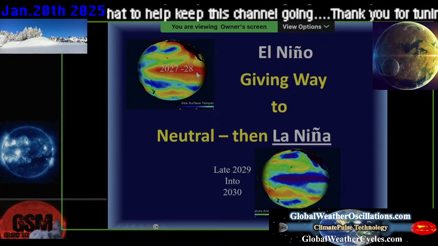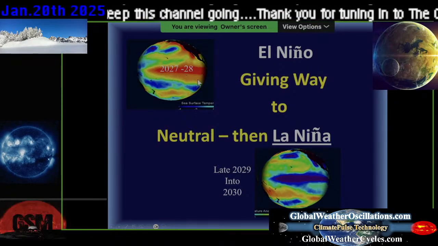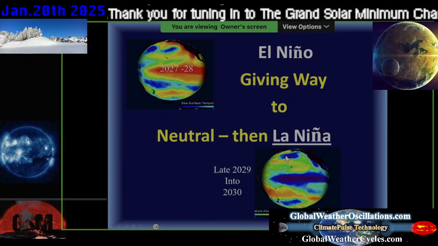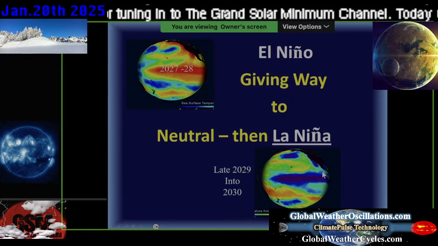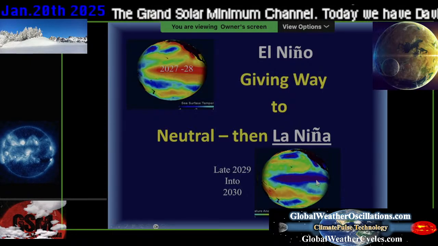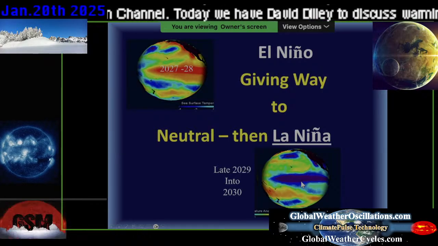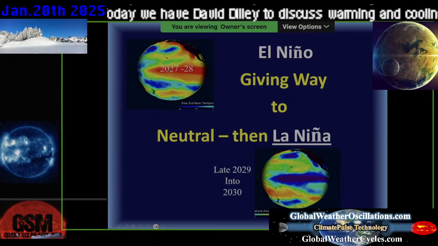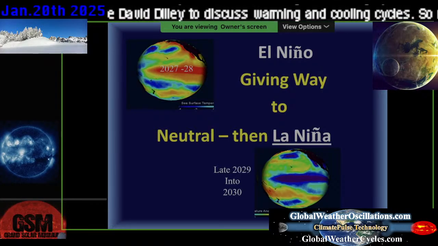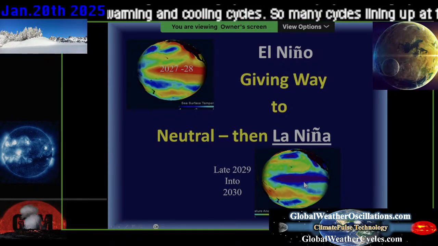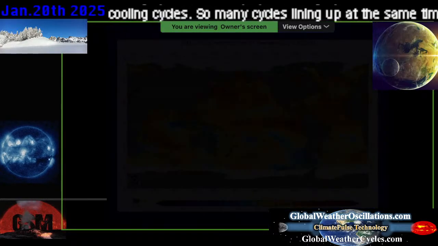But this is going to be followed by what we call a La Nina. That's the opposite, where the equatorial water temperatures get very cold. This is going to happen in 2029 and 2030. We're going to have a very strong La Nina. So we're going to see a big change in the water temperatures.